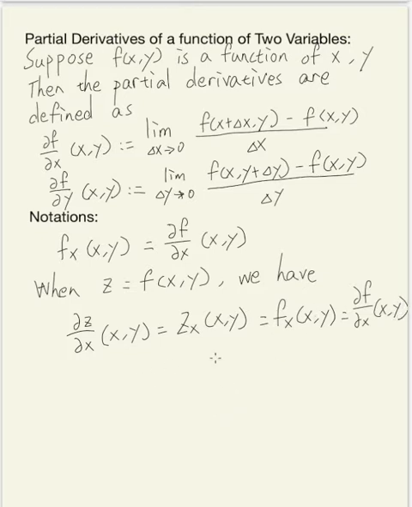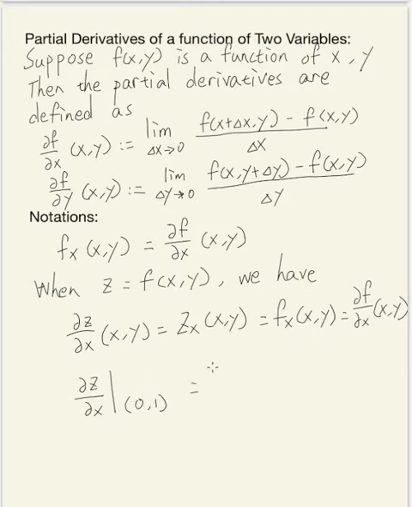Okay, and also sometimes instead of writing the parentheses with x and y, we write a bar with x and y on the bottom. So what I mean is this: sometimes we don't write dz dx as a function of x and y. We say dz dx evaluated at some number. And usually in this scenario, we don't mean variables x and y. We actually pick out values, say for example 0, 1.